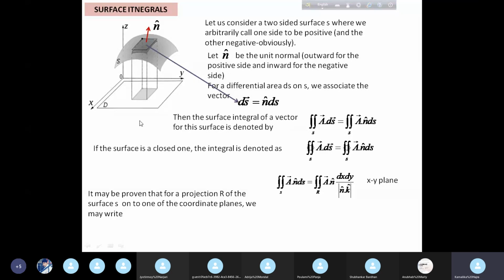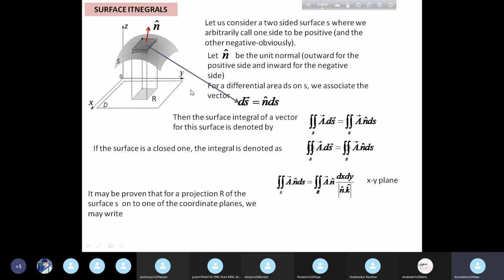Now if you put a source of light over here on the right of the surface, then the shadow will be formed on the xz plane. All right, if you put the source of light over here in front of the surface, then the shadow will be formed on the yz plane.